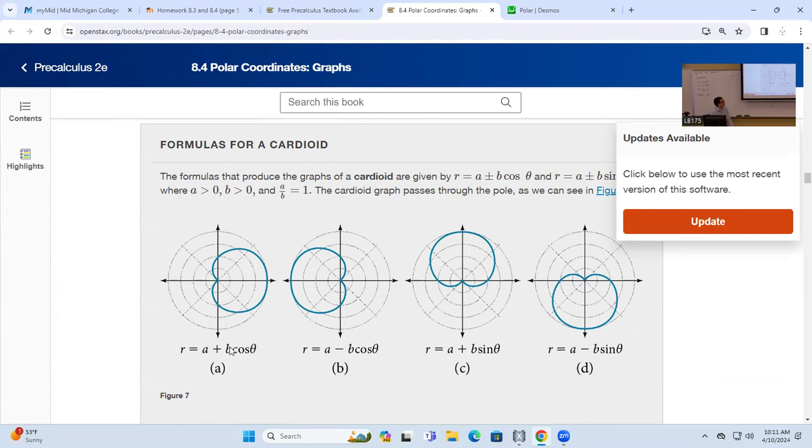But some of them are a plus b cosine theta, a minus b cosine theta, a plus b sine theta, a minus b sine theta. These are all known as cardioids. All right?